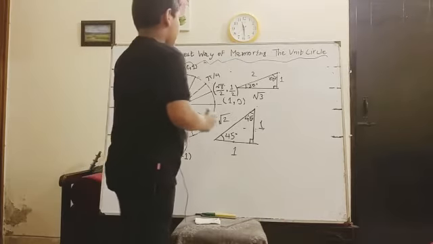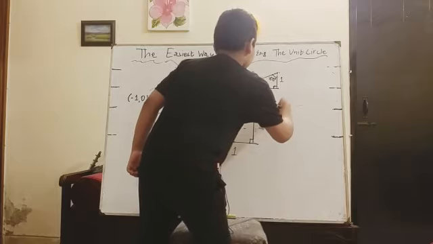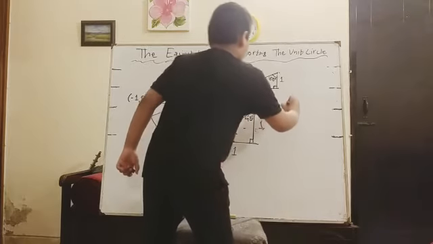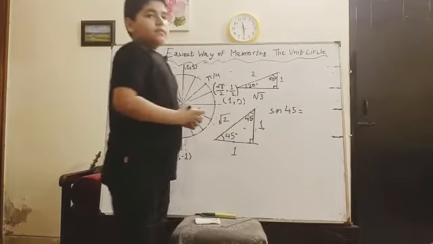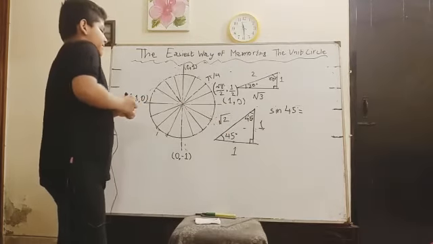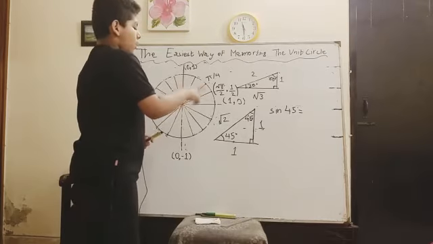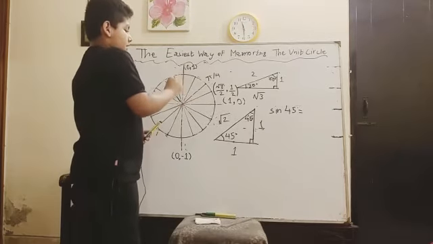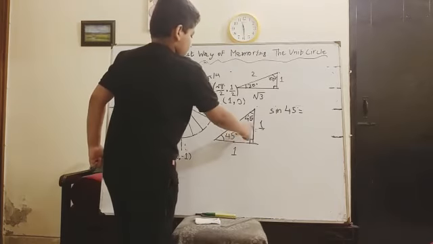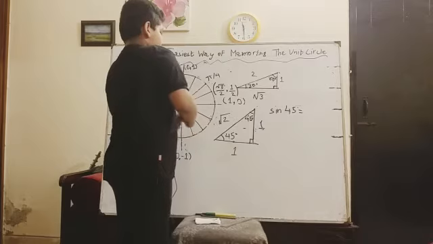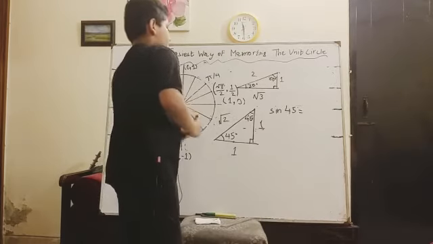So let's calculate the sines and cosines of these. Sine of 45 degrees will be, remember, SOHCAHTOA, opposite over hypotenuse. So the opposite over the hypotenuse.